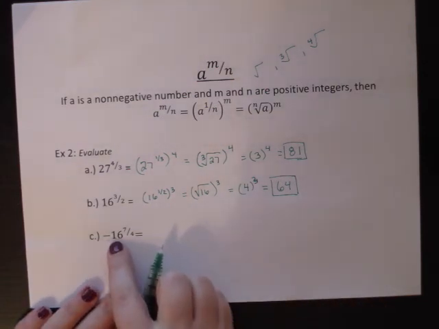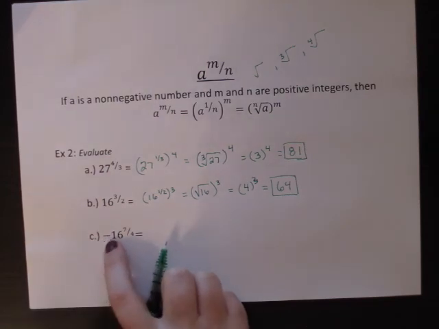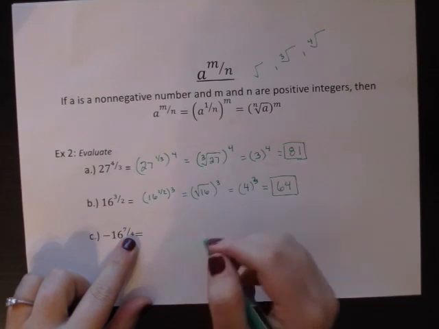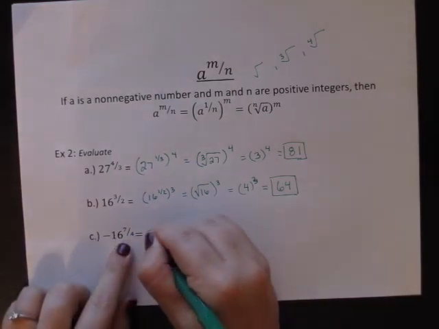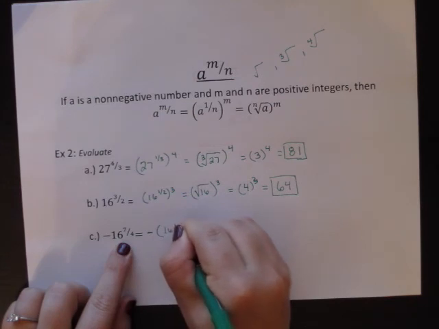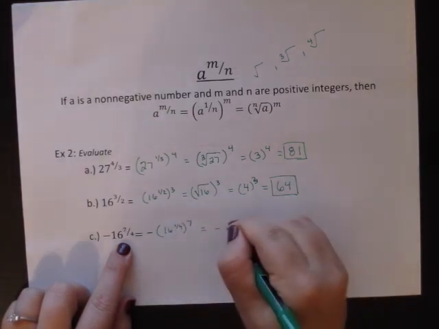Okay, now we got negative 16 to the 7 over 4. That's going to be an even root, I'm sorry, an even exponent, so this negative needs to stay on the outside. So I've got negative, we pull out that 7, so that'd be 16 to the 1/4 raised to the 7th power. Keep that negative on the outside.